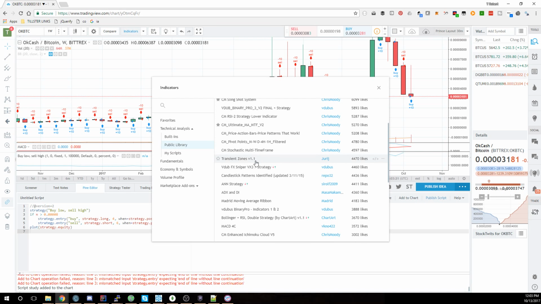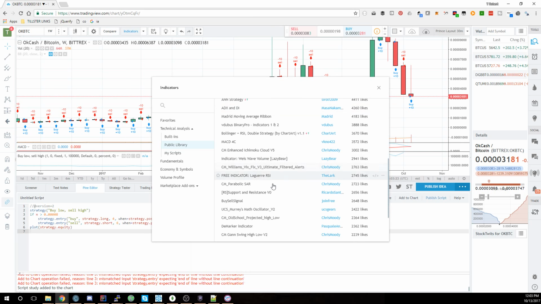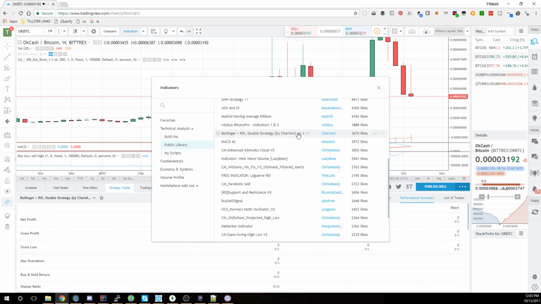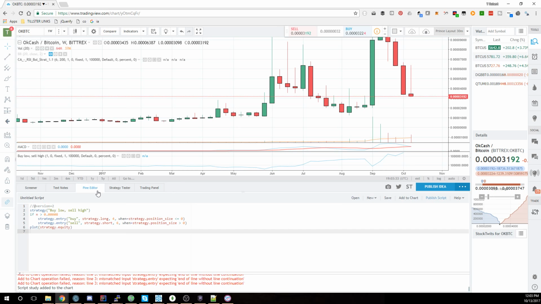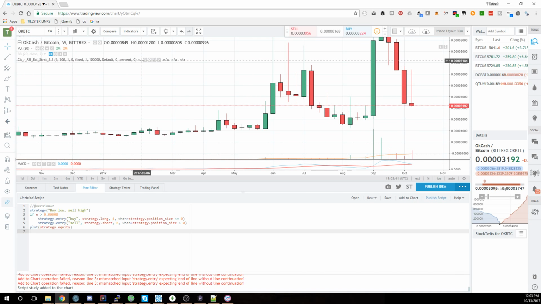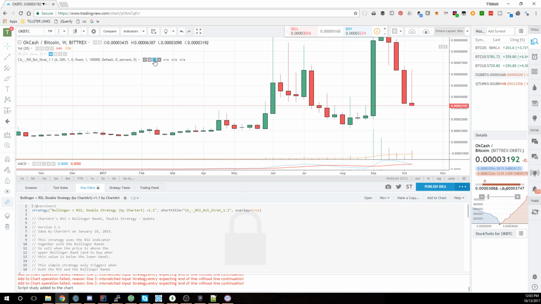There are strategies here. Here is a Bollinger Band plus RSI double strategy by Chart Art. Okay, you can take his strategy, come in here and mess that up apparently. Somehow I failed to do that. There we go.